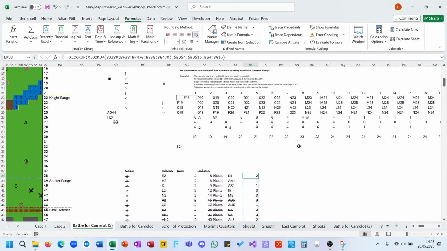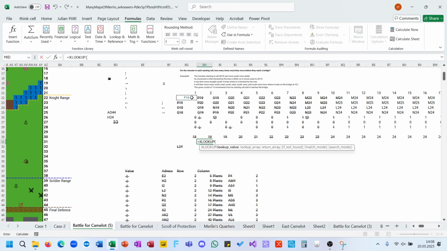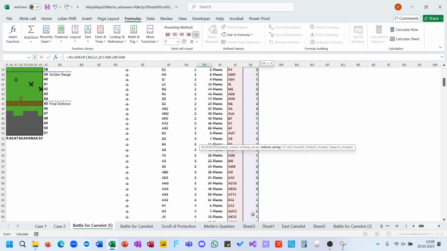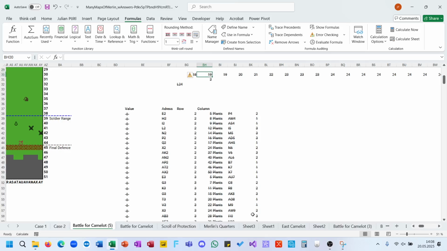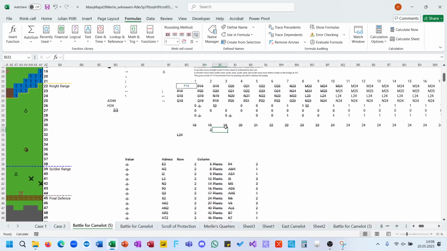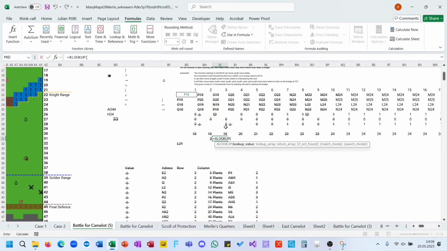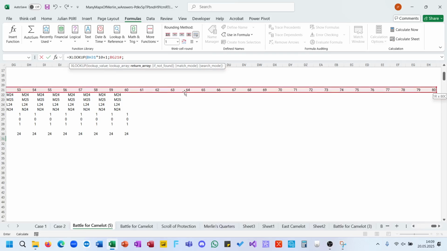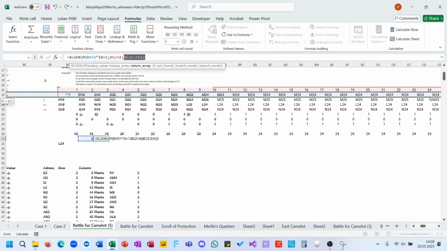Okay, and based on the starting cell, I get the speed, which is then, if it's 2, then okay, xlookup this times 10 plus 1 in here, returning this then.